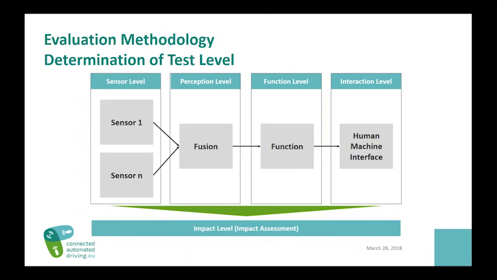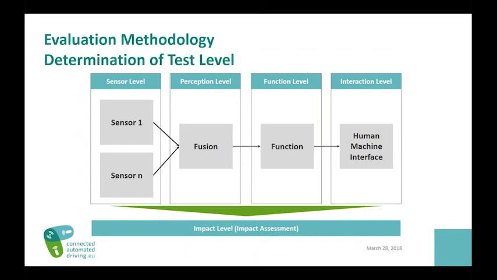Let me start with the next slide, where I just give a short introduction on evaluation methodologies on different test levels. You can see, if you have an automated driving function, which usually has a sensor, an algorithm, an HMI, and some interaction with the vehicle, you can test such a function on different levels.